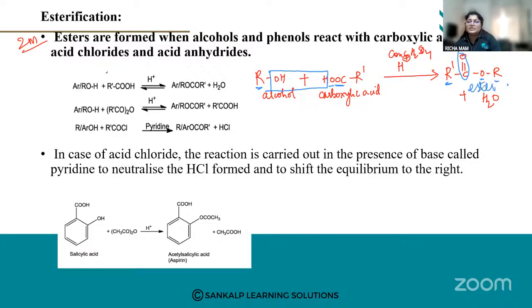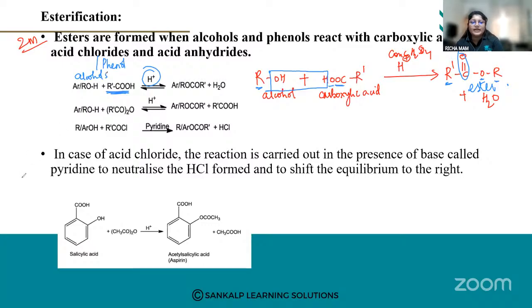So how are esters formed? When alcohols or phenols, in alcohols R will be an alkyl group and in phenols it will be an aromatic group, react with carboxylic acid in the presence of a concentrated acid, you get an ester and water.